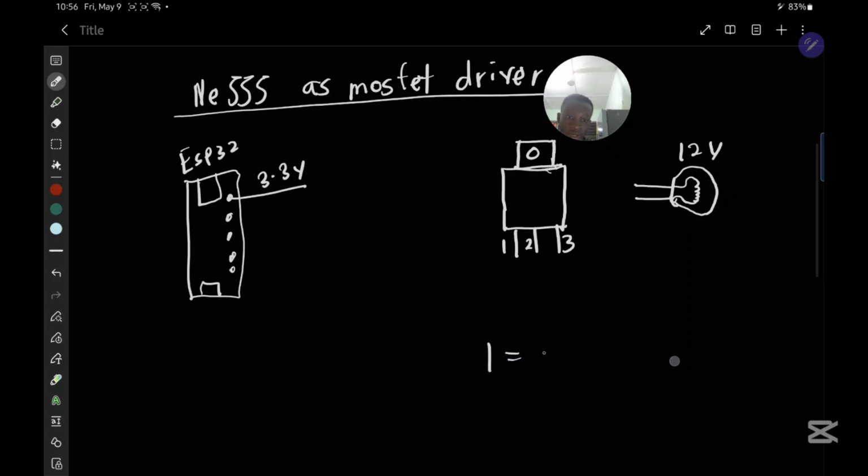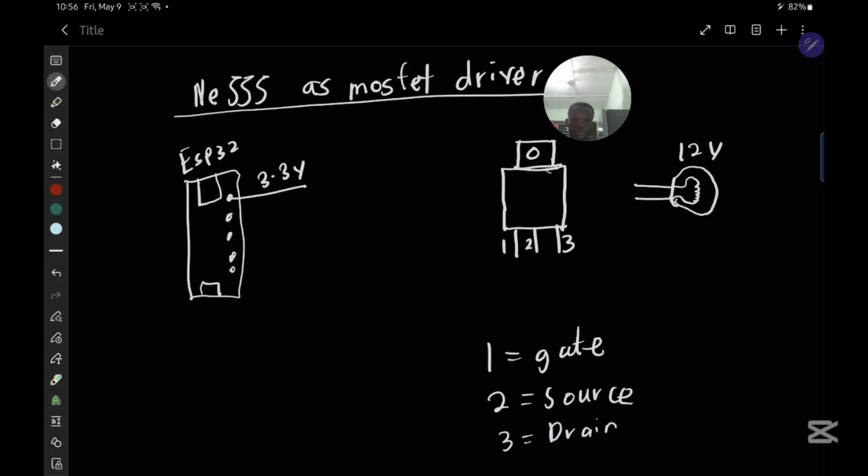Pin 1 is our gate. It takes the control voltage or the control signal. Pin 2 is going to be our source, and then pin 3 is our drain.